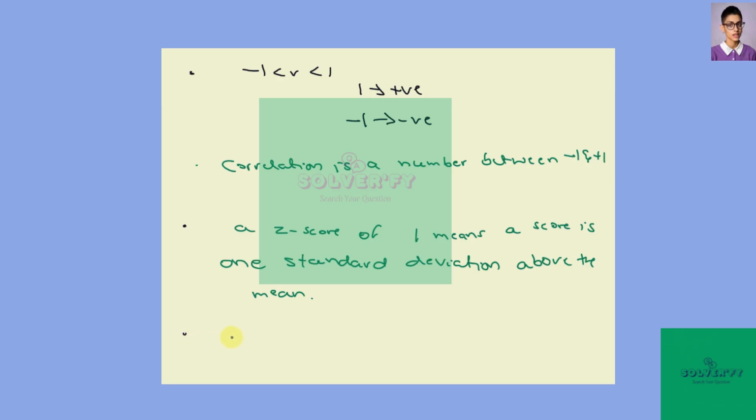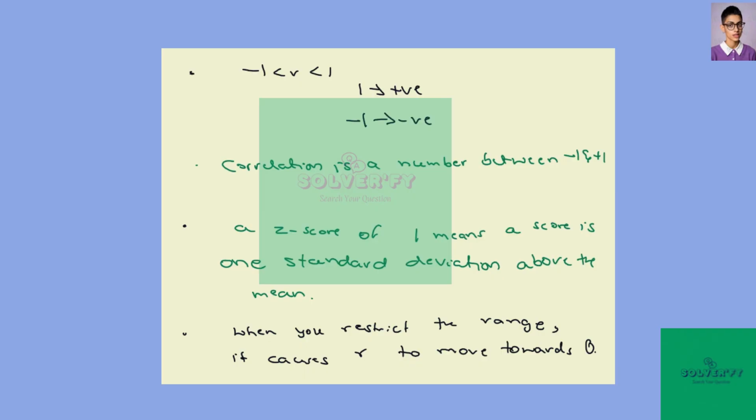And the next question, when you restrict the range of a data set, it causes correlation coefficient to move towards 0.